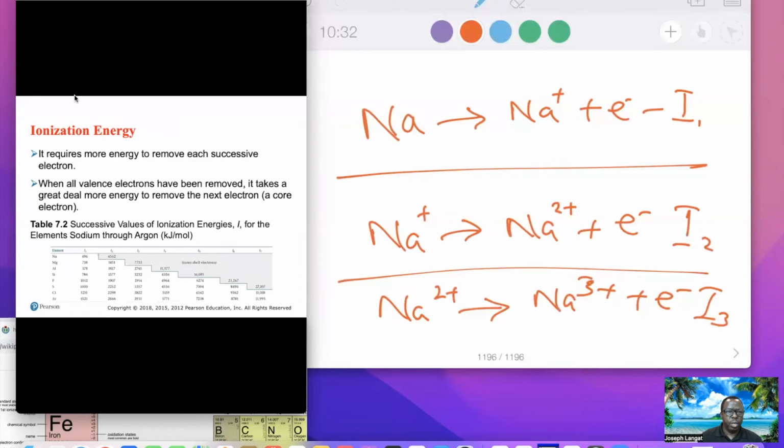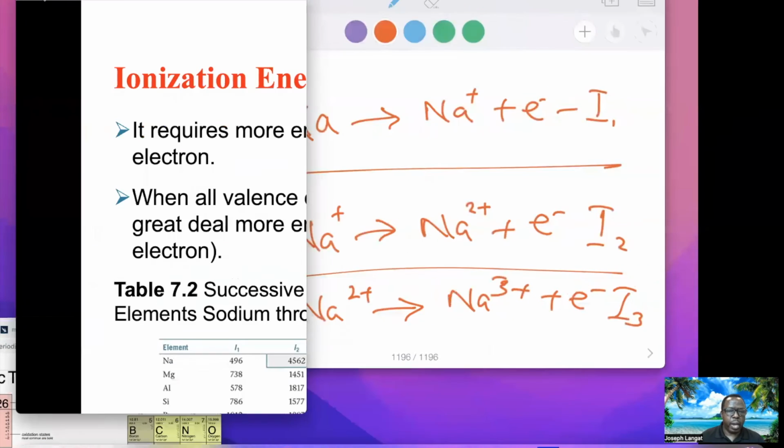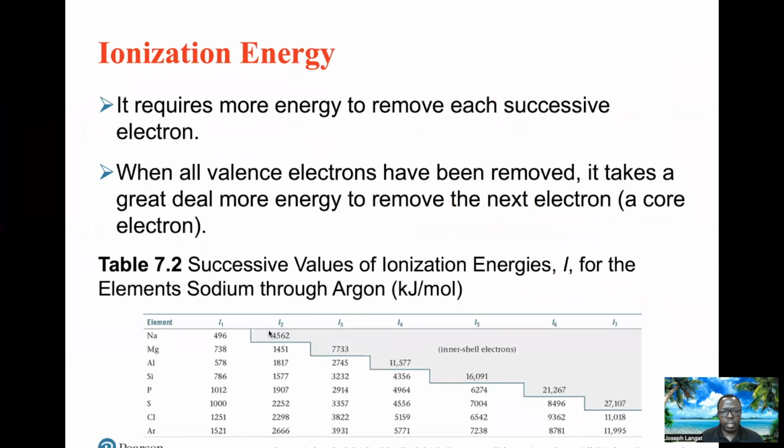Here is the trend on ionization energy: first ionization energy, second ionization energy, all the way to seventh ionization energy for just a few elements on the periodic table. Please look at table 7.2 in the text.